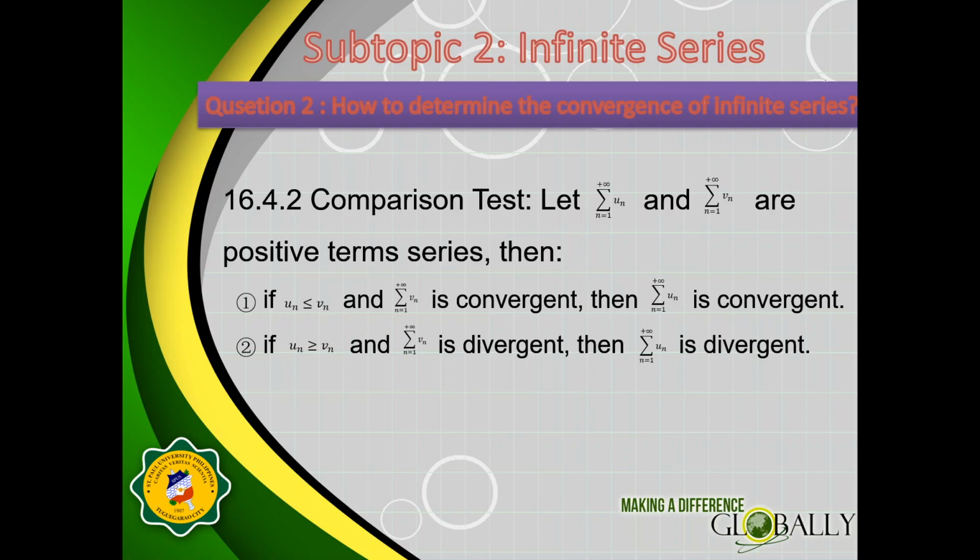So the conclusion is if U sub n is less than V sub n, and we know the infinite series composed by V sub n is convergent, then we definitely know that the infinite series composed by U sub n is convergent, right?